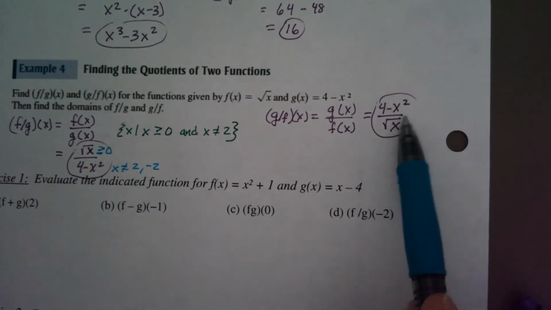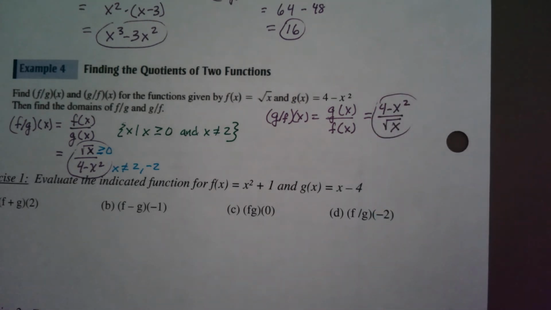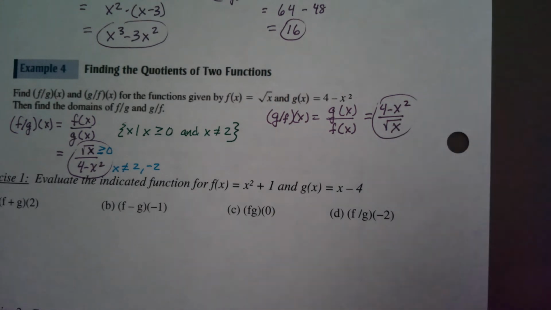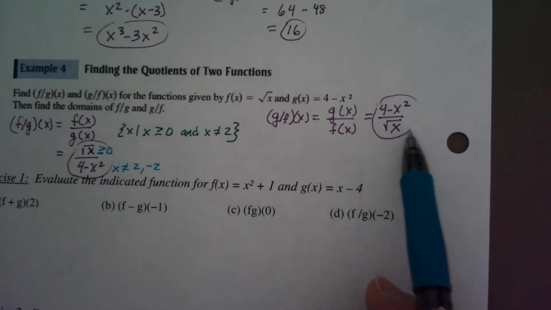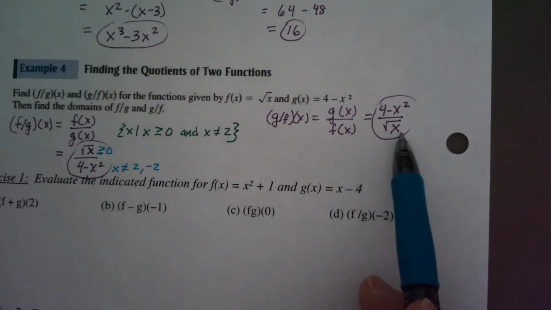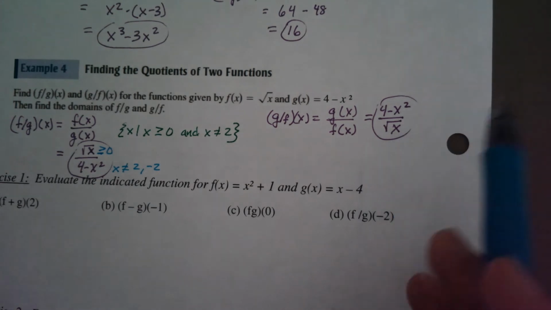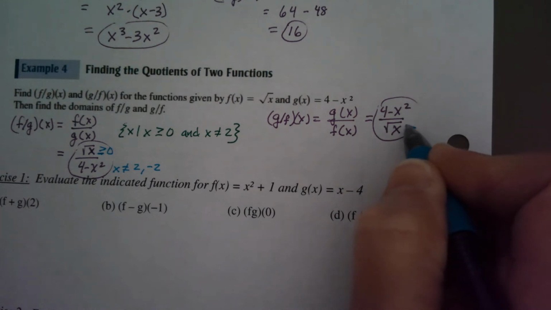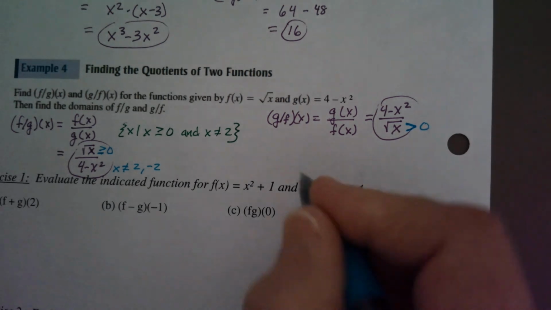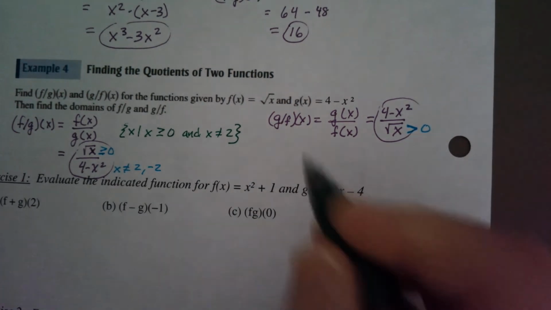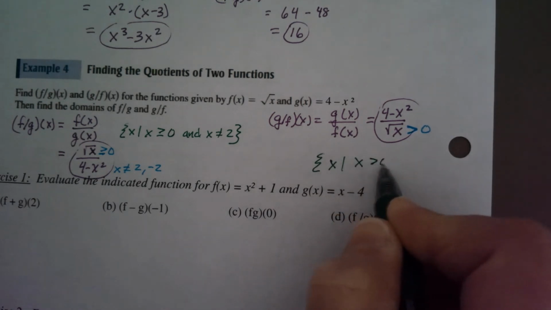So for our numerator, we can put any number in for x, because it's okay if our numerator comes out to be 0. So our numerator x value is any real number. But our denominator, first, because it's a square root, we cannot have a negative, and because it's in a denominator, we cannot have 0. So in this case, x has to be greater than 0. Our domain here, in green, would be the set of all x such that x is greater than 0.